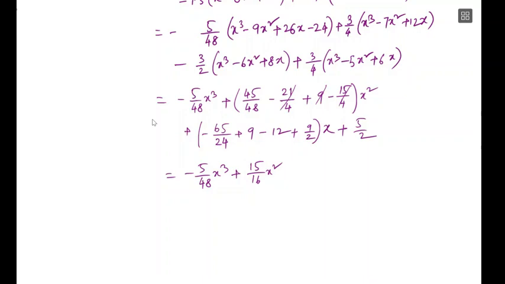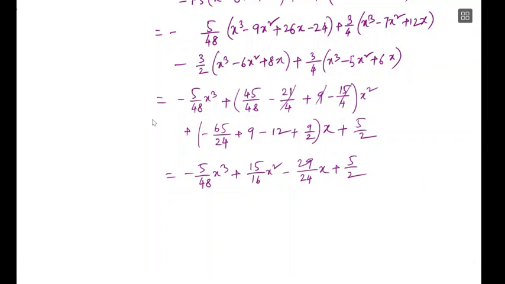That is 3 by 2. 3 by 2 means 36 by 24 minus 65 by 24. So it will be minus 29 by 24 x plus 5 by 2.